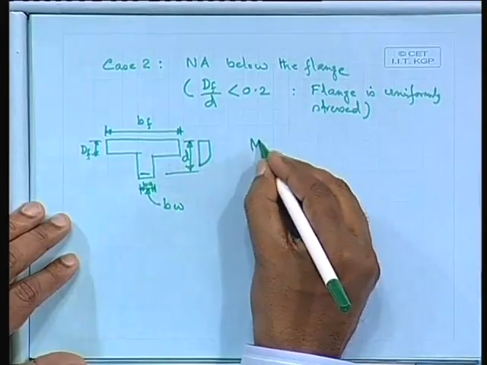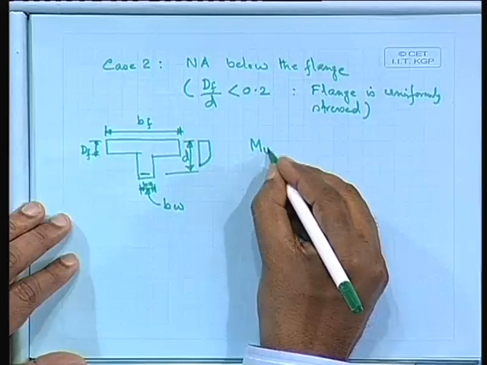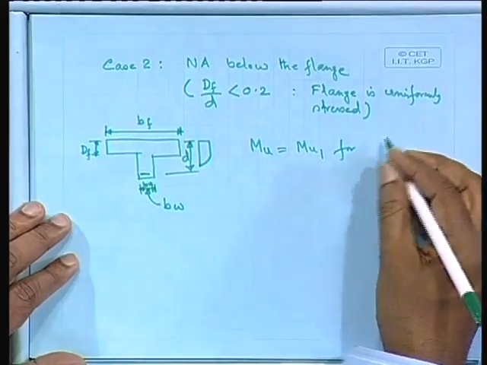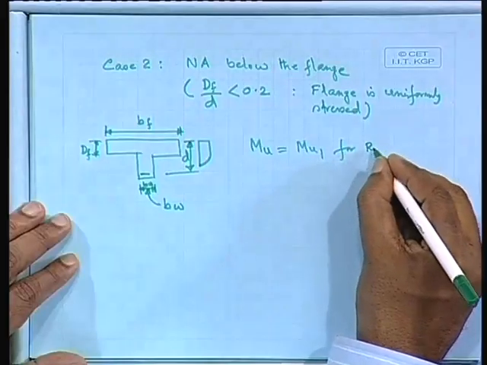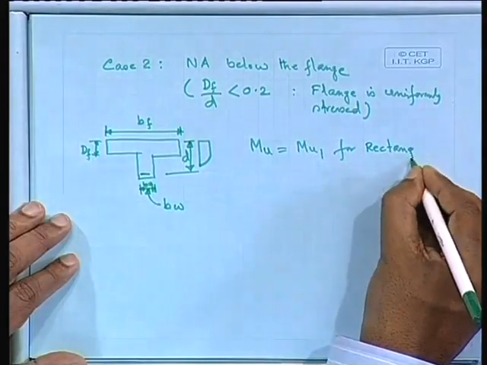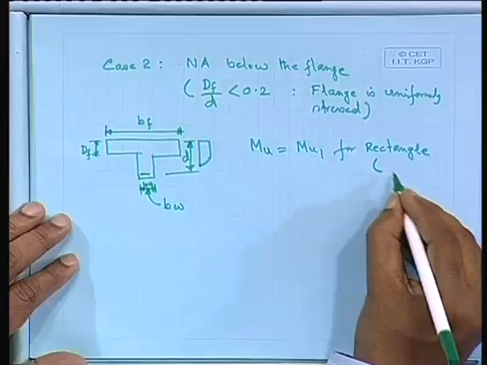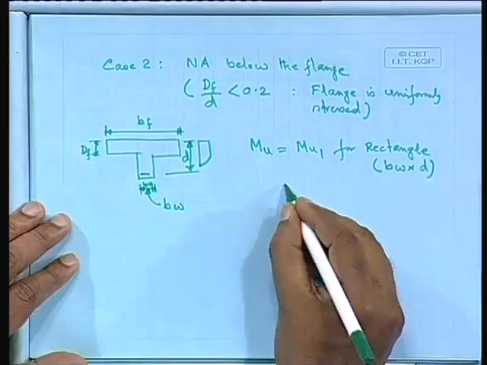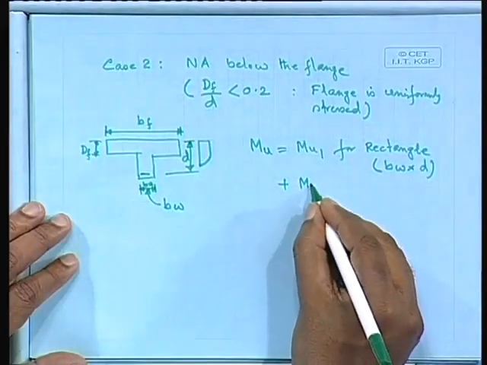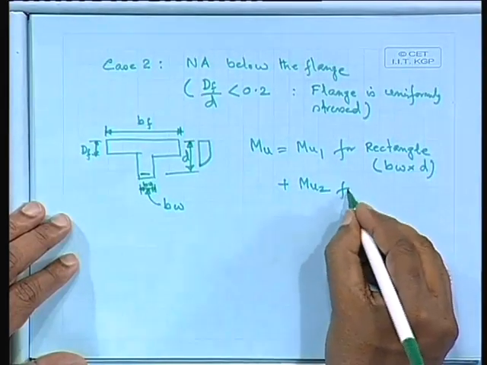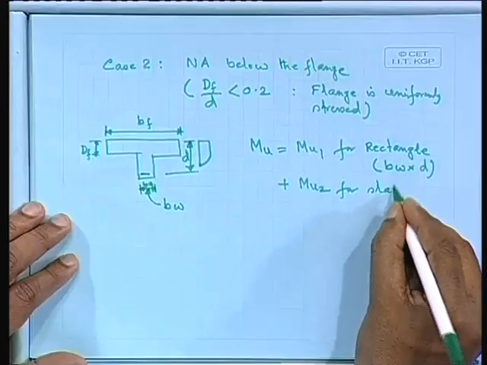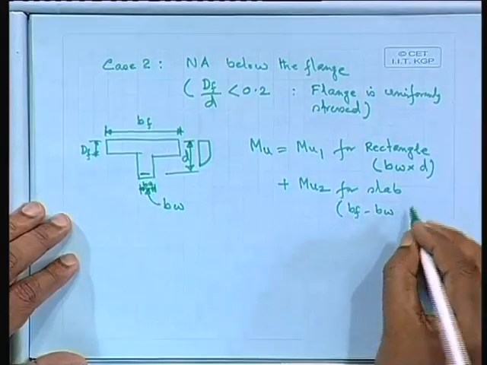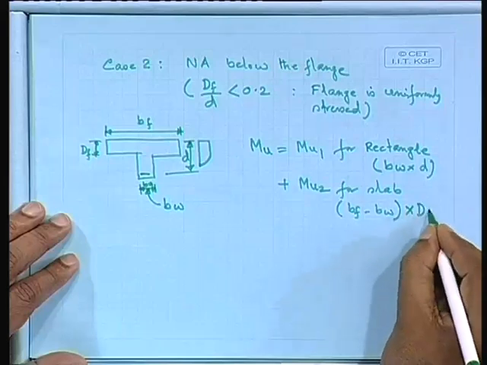So Mu equal to Mu1 for the rectangular portion, which is nothing but bw times d, plus Mu2 for the slab, that means bf minus bw times df.